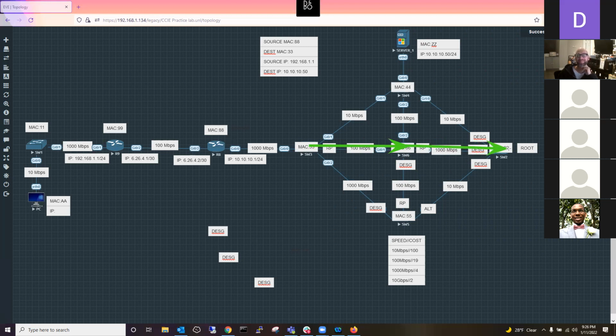We'll go all the way straight. Just by looking at it, the link going from switch 5 to switch 2 is at 10 megabits, so that will add 100 right off the bat. Nice. Okay, keep going. So it will go from switch 3 to switch 6, and from switch 6 to switch 2. Perfect. So that will be the root port.